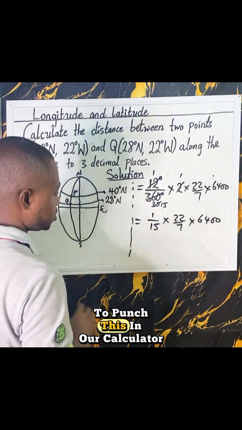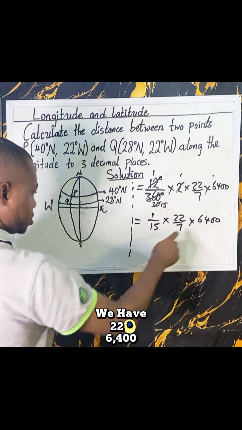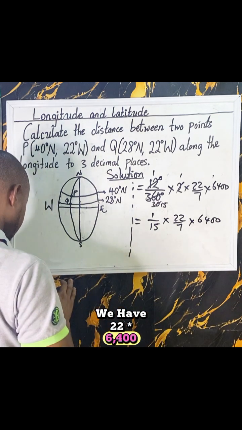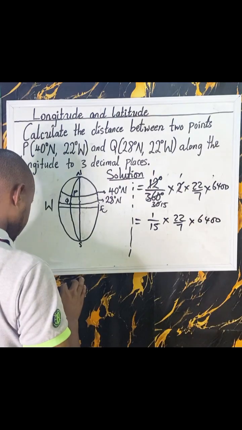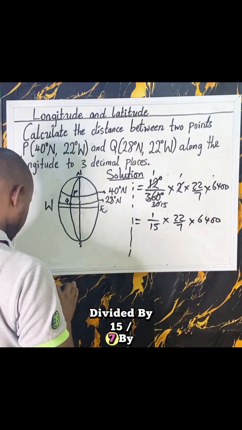To punch this in our calculator, we have 22 times 6,400 divided by 15 divided by 7.